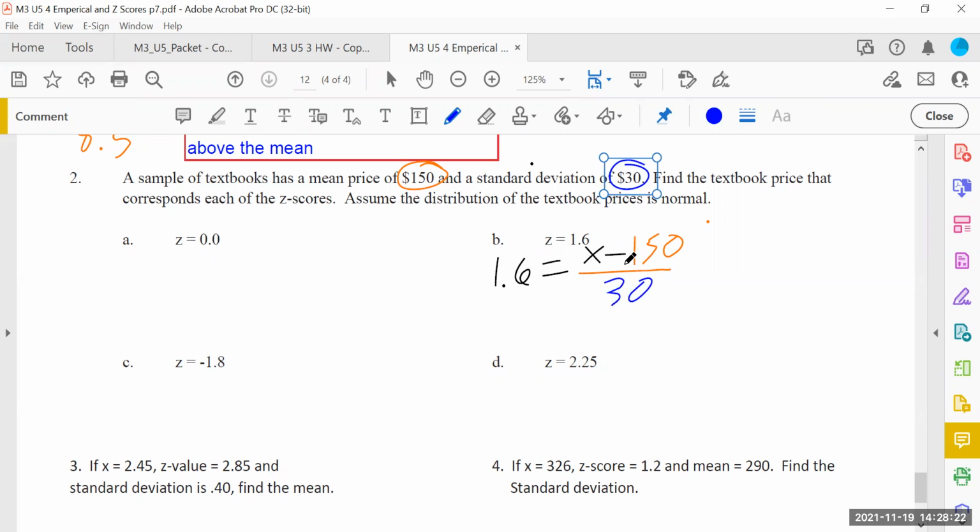And it's a 2-step equation. You did a bunch of these back in Math 1, right? Multiply both sides by 30 to get rid of that down there. So times 30.